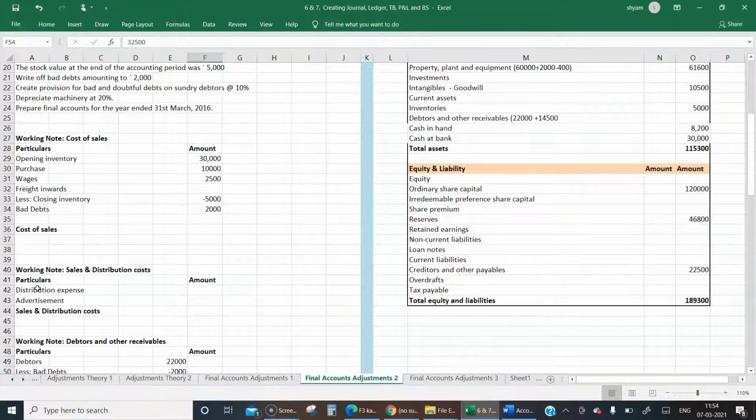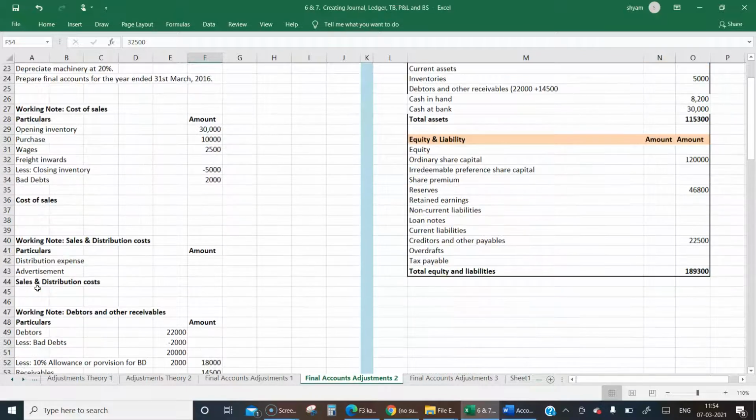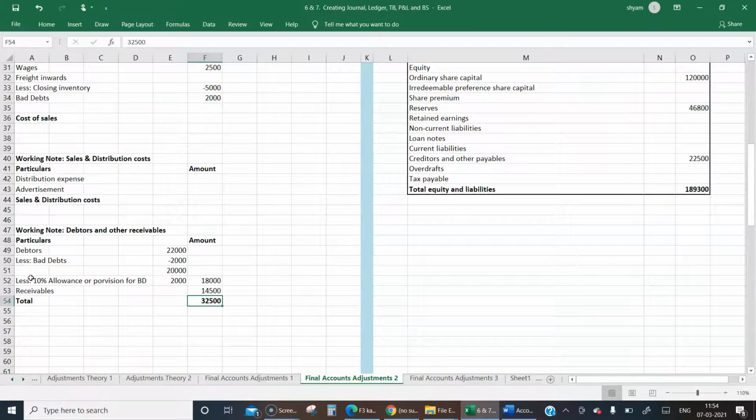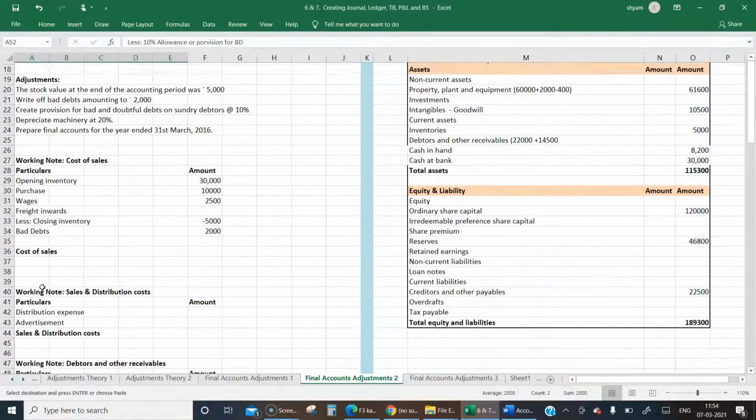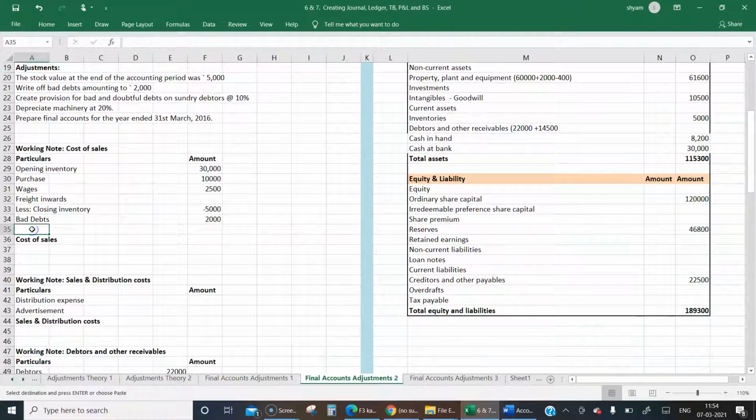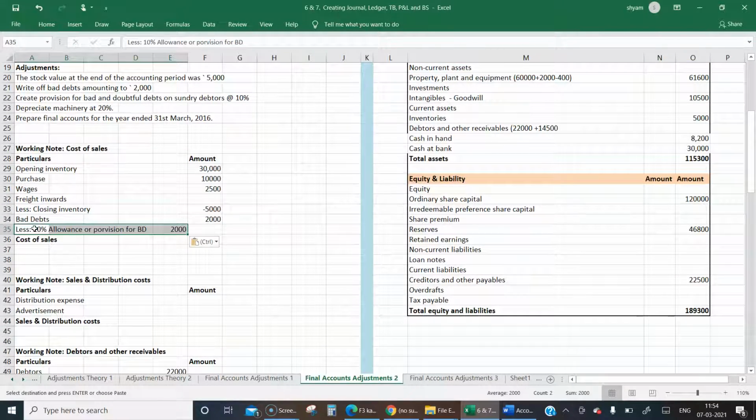Okay, so that's done. And we have to show the allowance. So the allowance we have not taken still. We have to take the allowance and we have to show it in cost of sales.